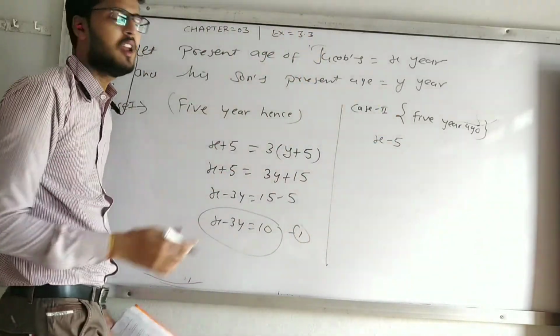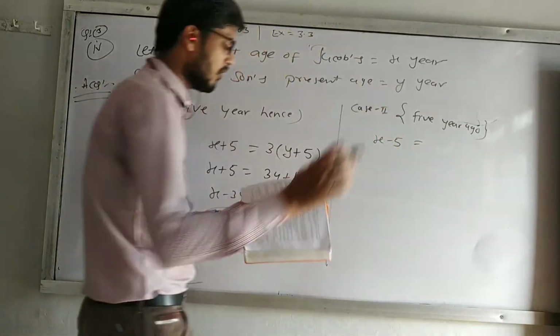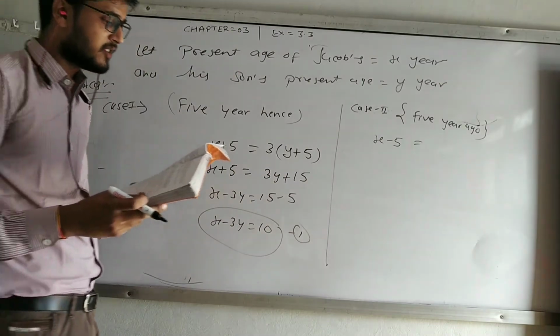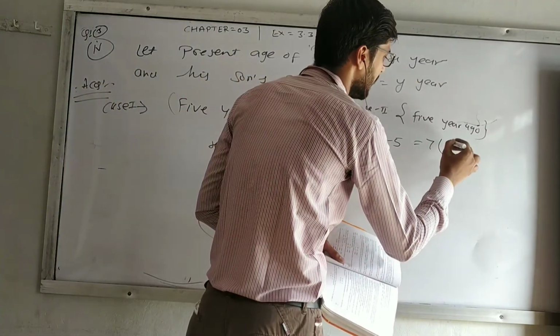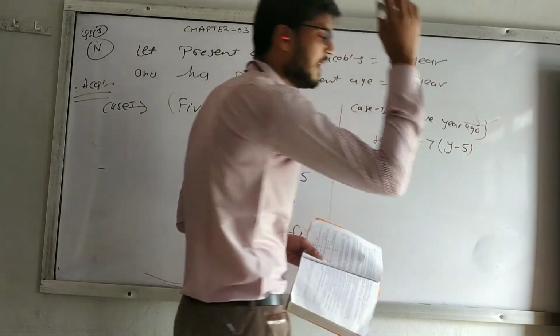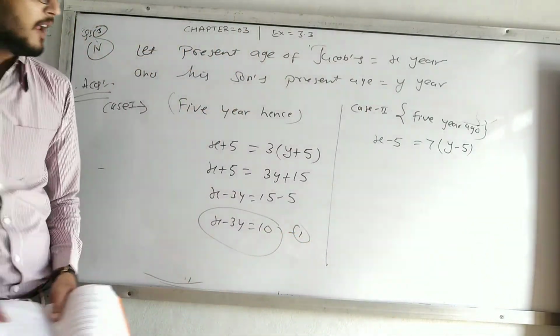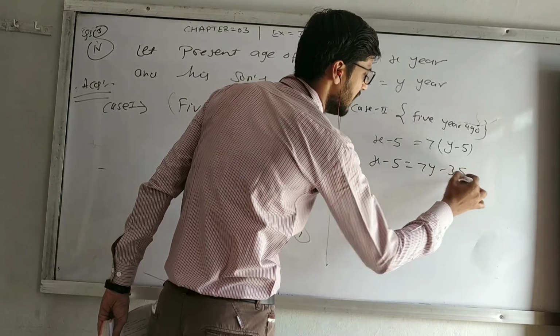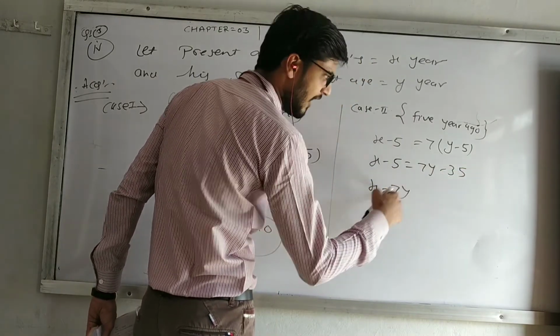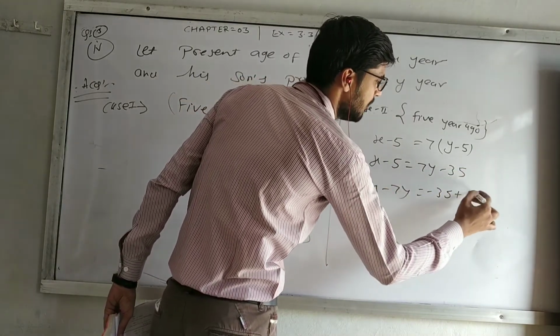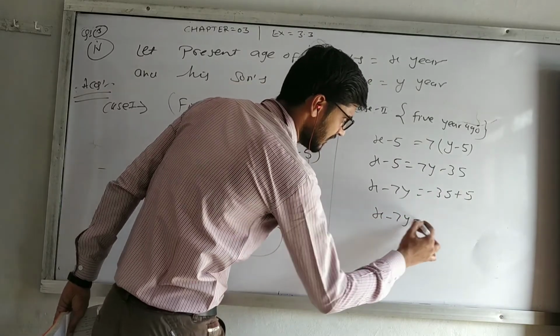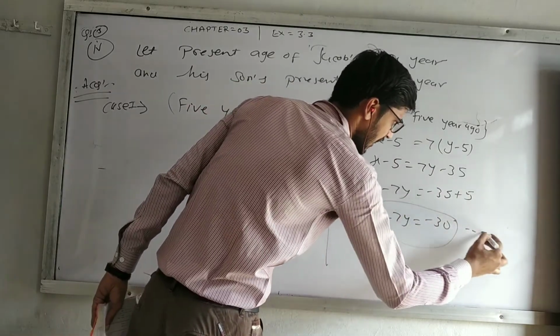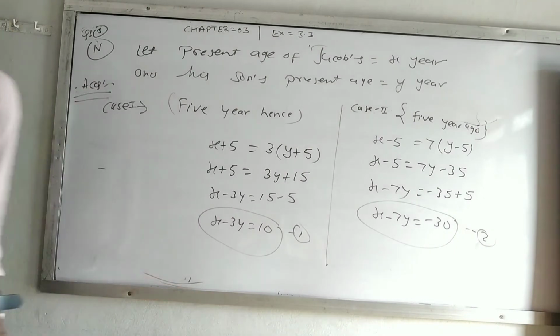So 5 years ago, Jacob's age is 7 times his son's age at that time, so y minus 5. So x minus 5 equals 7y minus 35. So x minus 7y equals -35 plus 5. So we get x minus 7y equals -30. This is our equation second.